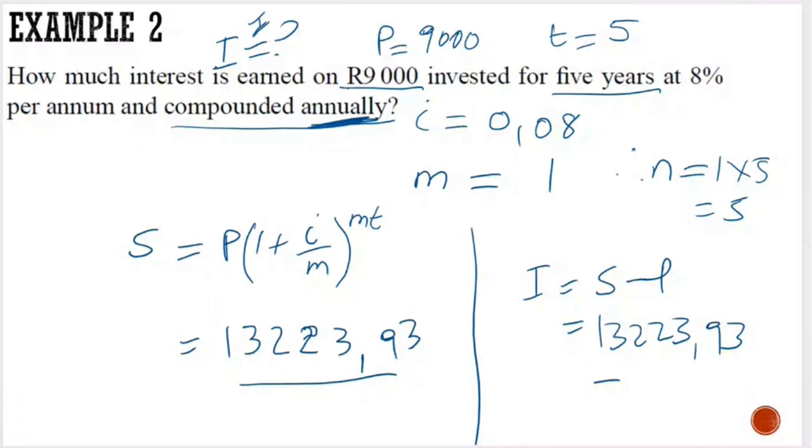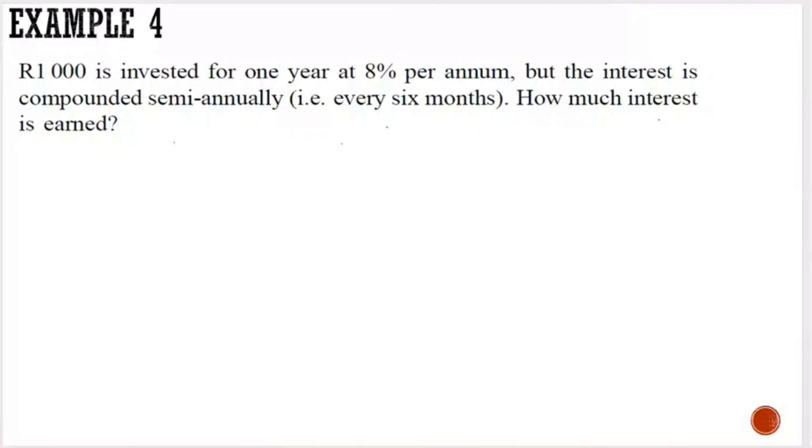I just want us to look at the one which is compounding so many times, okay? So here you've got 1,000 invested for 1 year at 8% per annum, but the interest is compounded semi-annually.